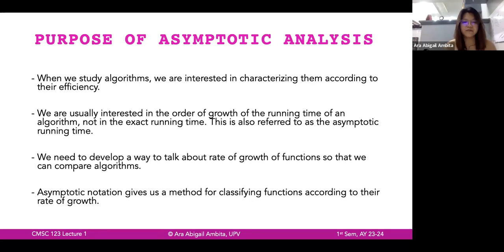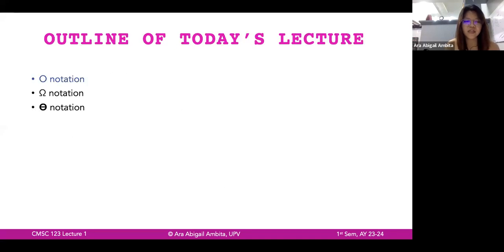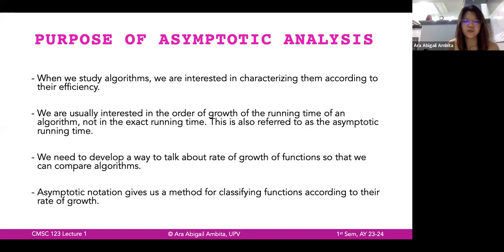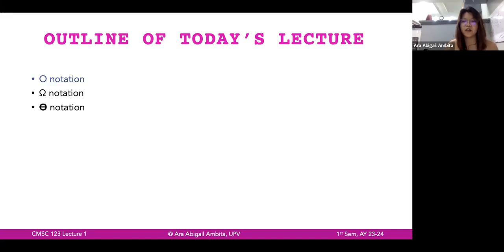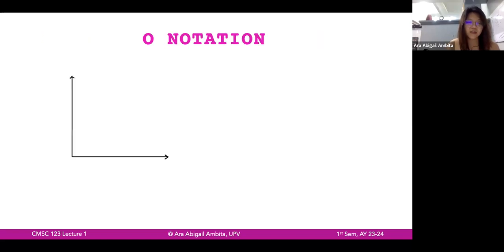Now let's move on. The first asymptotic notation that we have is something that you are already familiar with, and that is the big O notation. Assuming that we have a graph here, I'll just discuss this in the next video.